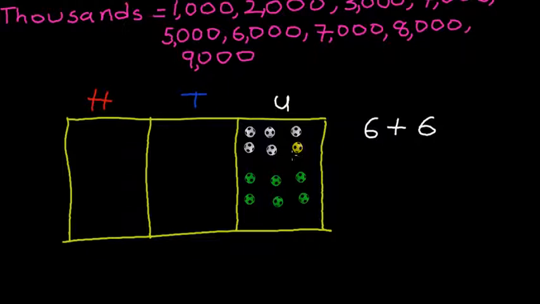So how do we represent that in the unit column? Now we have 12 balls. So what happens is this: you count 10 balls out. Now we have 1, 2, 3, 4, 5, 6, 7, 8, 9, 10. So we are to count out these 10 balls. These 10 balls go over to the 10th column.